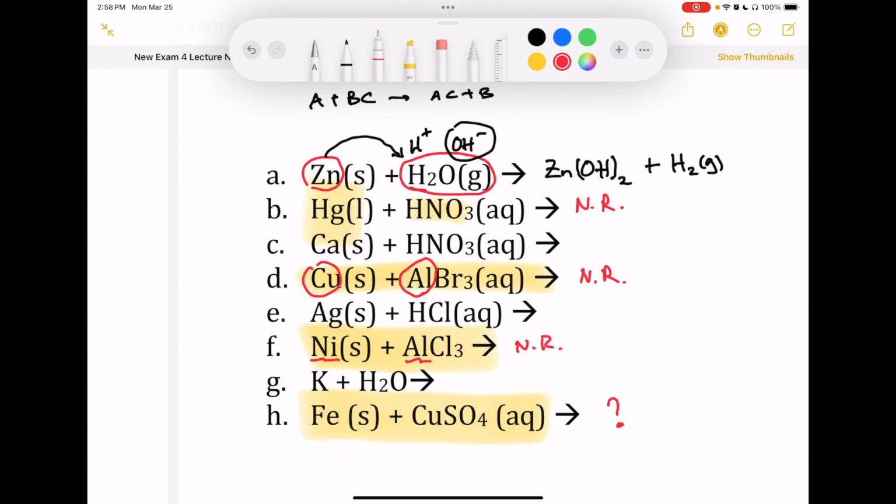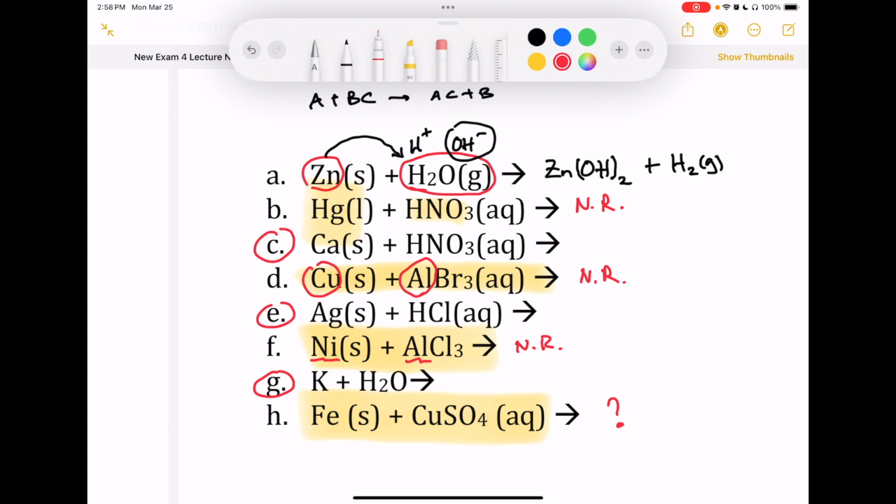Okay. There's three other examples here. This one, and this one, and this one right here, where we have a metal reacting with some type of hydrogen. I want you to apply your idea that you just learned about reaction with water and with hydrogen and with acid, and see if you can predict whether there's going to be a product or not. Again, if there's no product, you have to write NR.